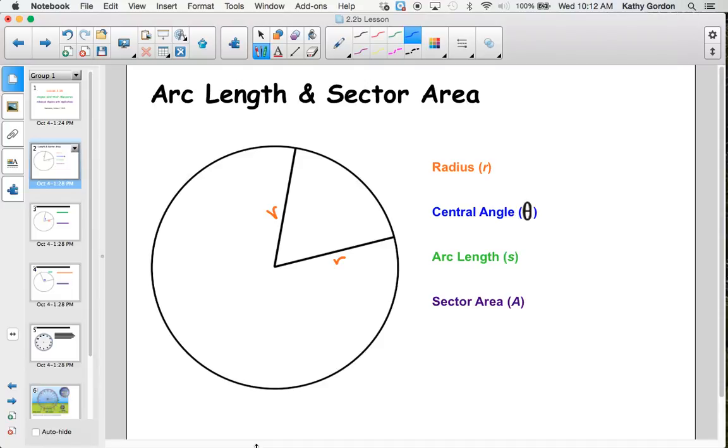Central angle. What's it sound like? Angle at the center. What do you suppose has to be at the center? What part of the angle? Look like in the picture? Yeah, so it's this angle, but what part of that angle has to be at the center of the circle?